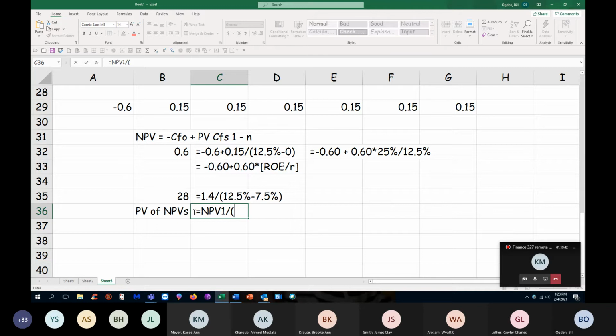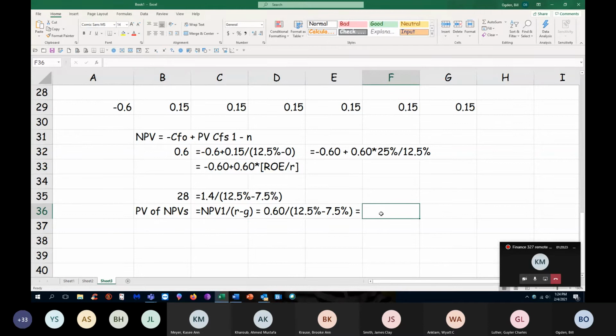So it's the cost of equity again, R minus G. And that equals NPV1 was 60 cents divided by 12.5% minus 7.5%. Okay, and if we did that, we will get $12.